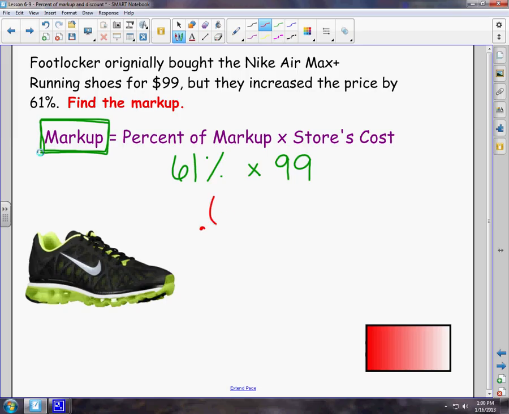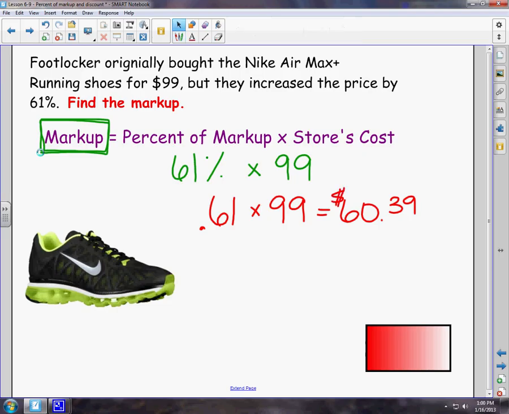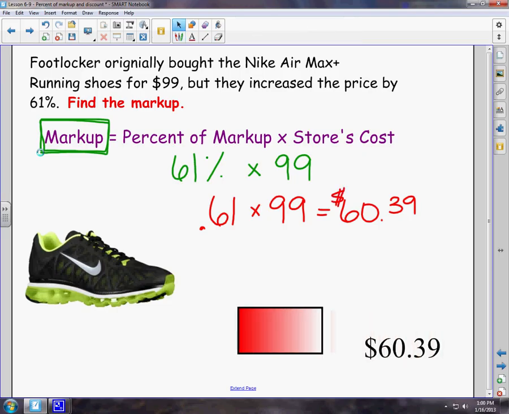It's just easier to do 0.61 times 99, and that equals $60.39. That's how much they mark it up. If they asked for the sale price, you would add that to $99, and the shoes would be $159.39.